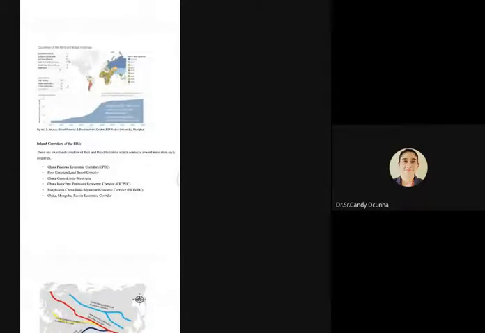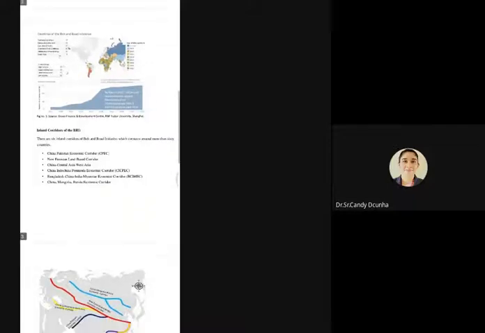So if we go through the corridors, there are six inland corridors of the Belt and Road Initiative. These corridors are linking through inland, that is the China-Pakistan Economic Corridor, then the New Eurasian Land Bridge corridor, the China-Central-West Asia corridor. All these corridors are connecting through land.